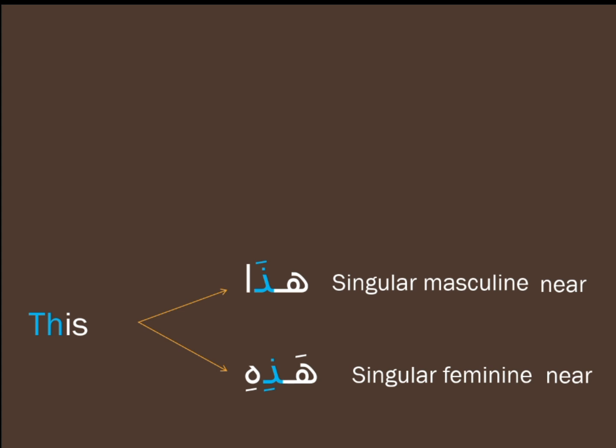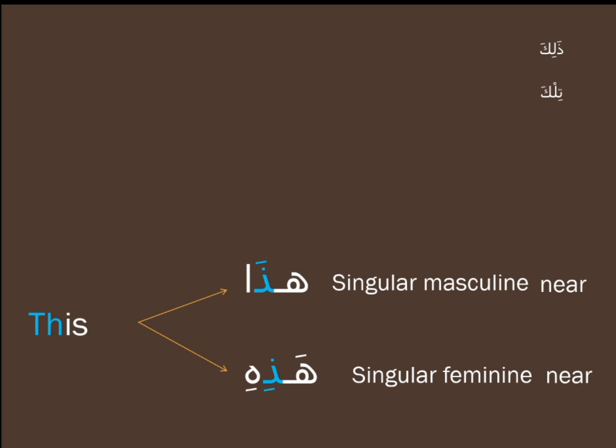I said near because if the noun is far, we will use ذلك for singular masculine far, or تلك for singular feminine far. ذلك and تلك are not our topic today.